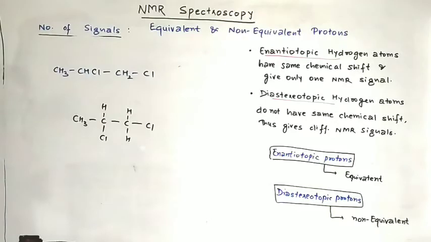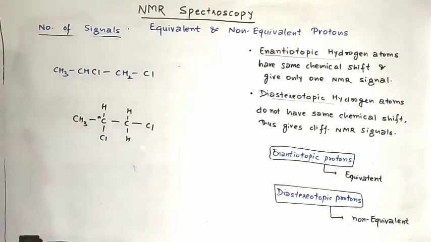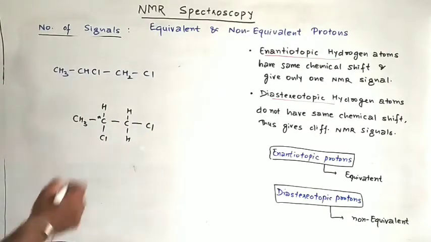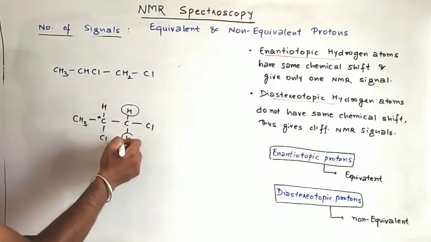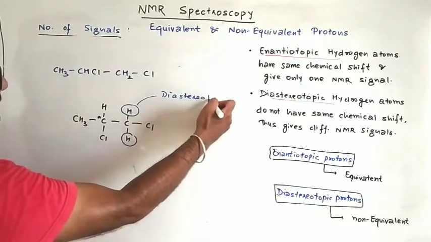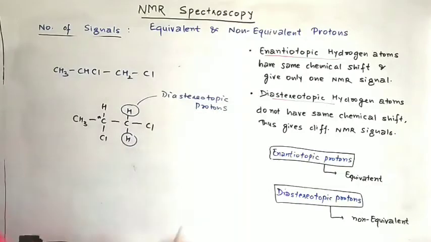See, there is one chiral carbon. Adjacent to this chiral carbon, these two protons are diastereotopic. When you replace one out of these two, the second carbon also becomes chiral, but you will get diastereomers.